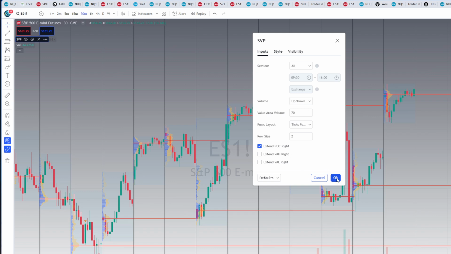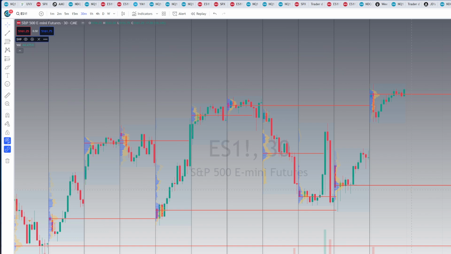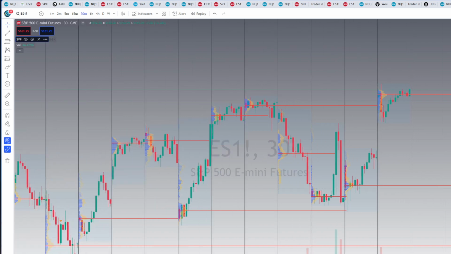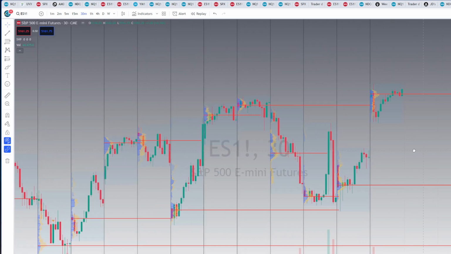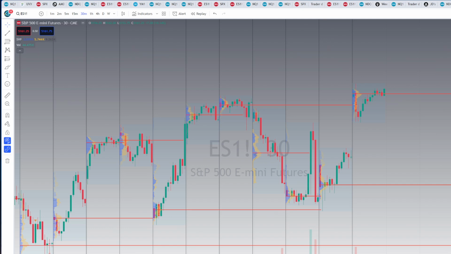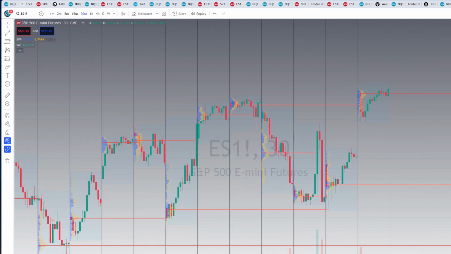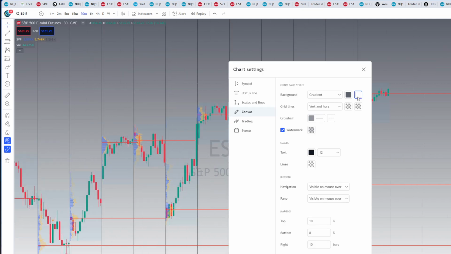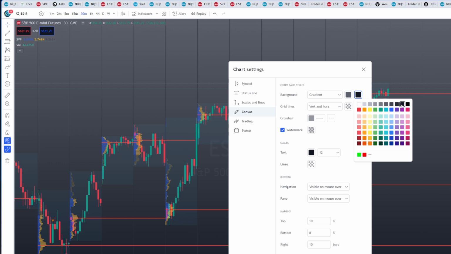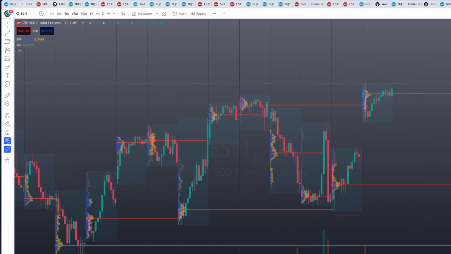So these are your daily profiles because we're looking at an RTH chart, and we're doing the daily profile here. So let me try to make this a little darker. It may look better in there. Okay, let's do this. I just want to make sure you can see the numbers here.